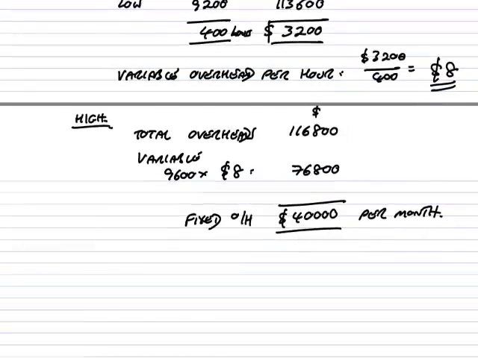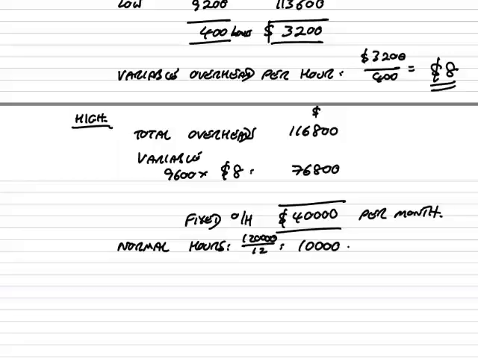We, though, want an hourly rate. We're absorbing on labour hours. And we always absorb over the average, the expected rate of work. It says we normally work 120,000 hours a year. So the normal hours per month, 120,000 a year, 12 months, it's 10,000 hours per month.